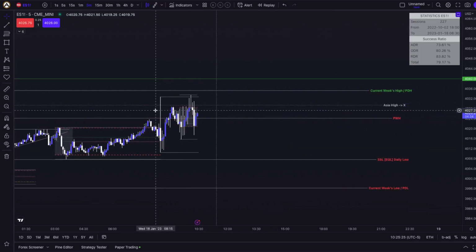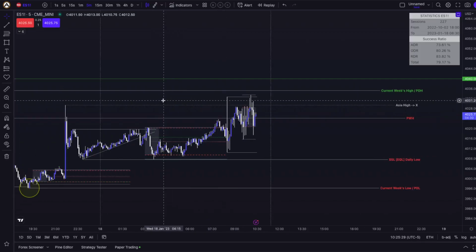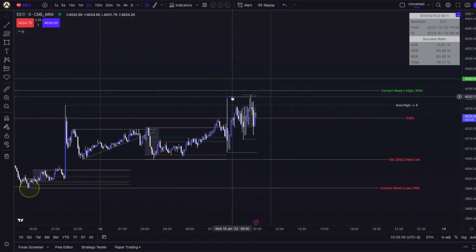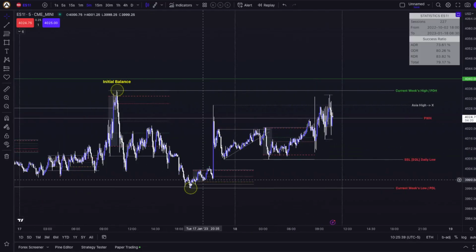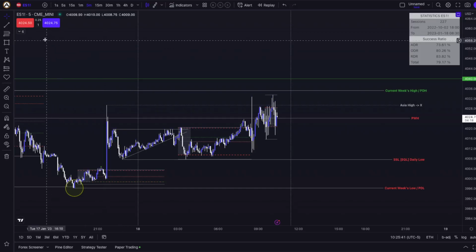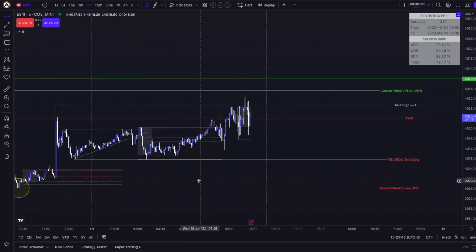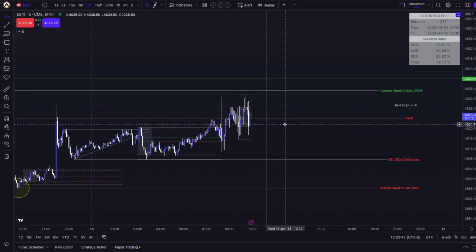Our DR is basically inside of our 8:30 AM opening, but looking at the models, I think you guys should be able to tell me what this could be. Just look at this chart. What model do you think this could be? Right into the chat. Little question here.